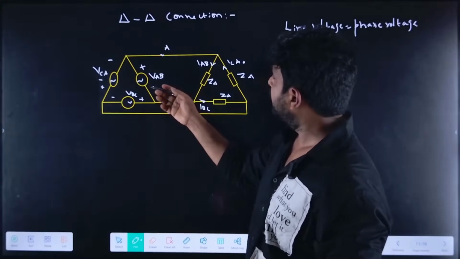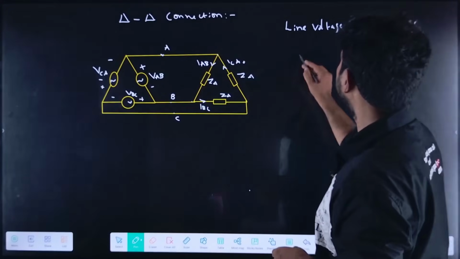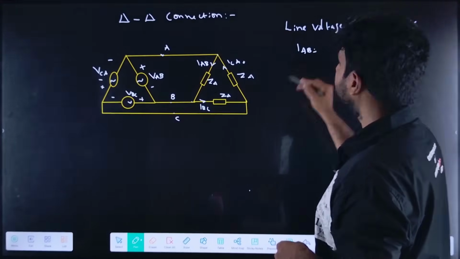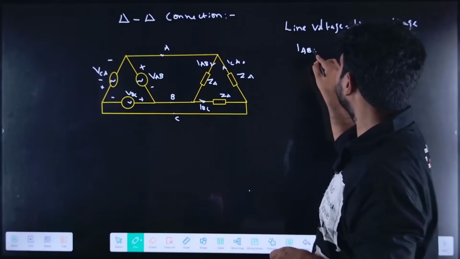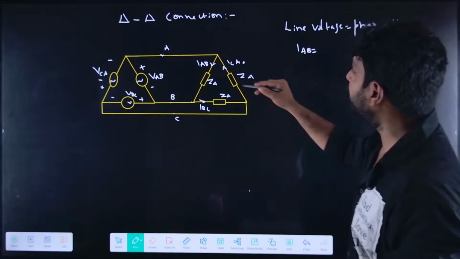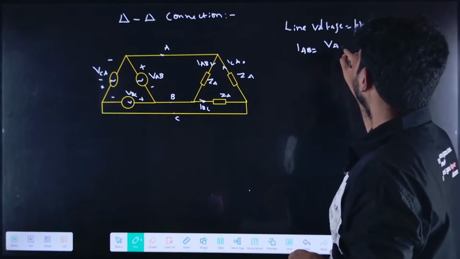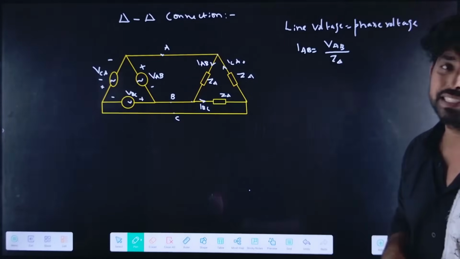So VAB is applied across the branch carrying IAB. How can I find IAB? IAB equals VAB divided by Z delta.